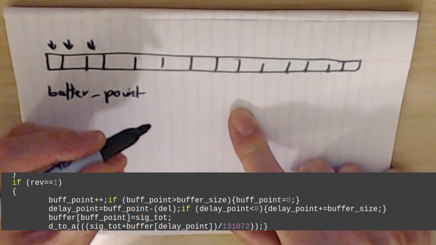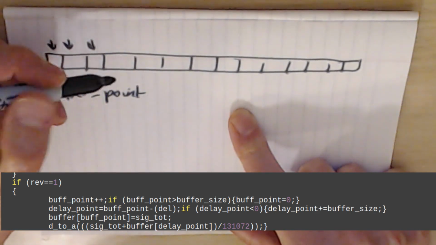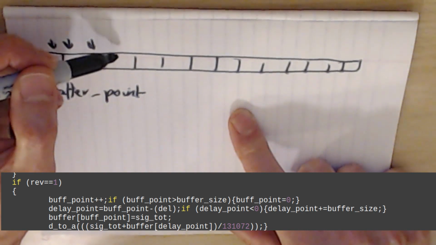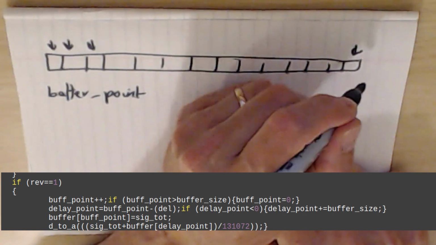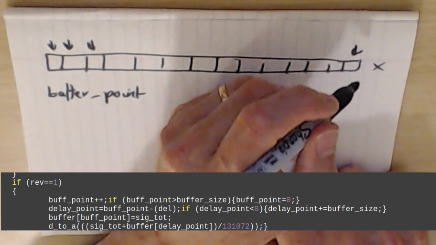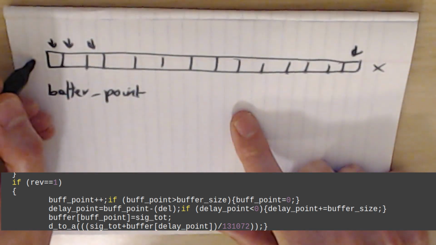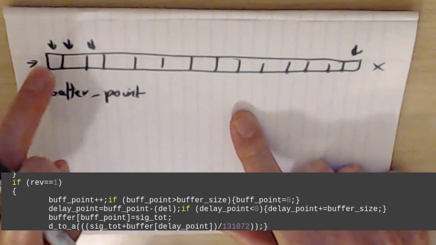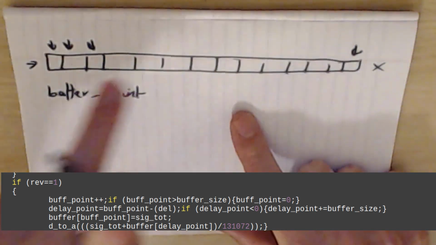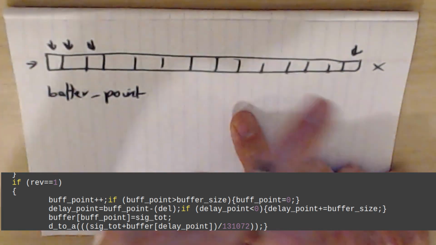And buffer point just increments. So every sample we just write into memory. When buffer point gets to here, which is the end of our memory, we set it back to 0. So by going from the maximum back to 0, we create almost an infinite loop, almost like a tape loop.